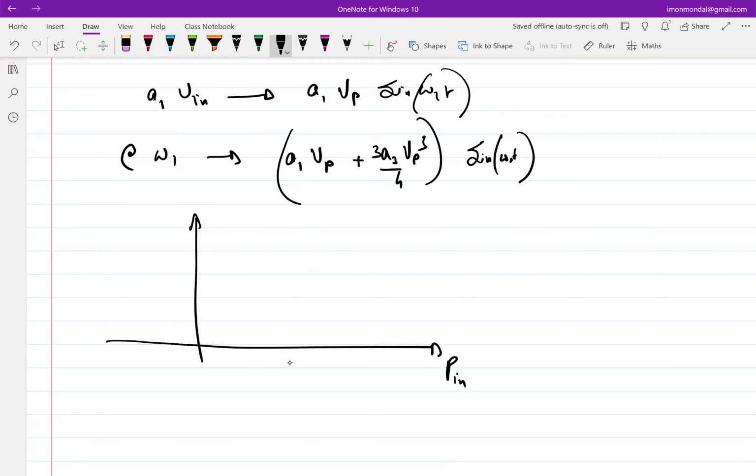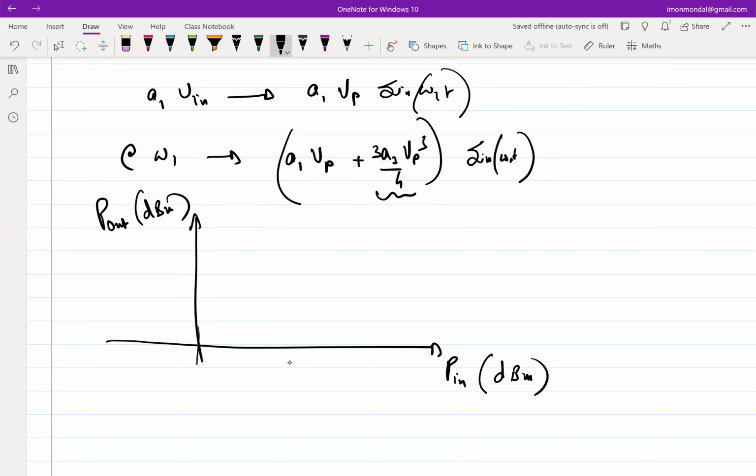So that's why, if you plot P in in dBm and P out in dBm at very low amplitude, that is, very small Vp, where I can neglect this Vp cube term, how will the output look in terms of dB?